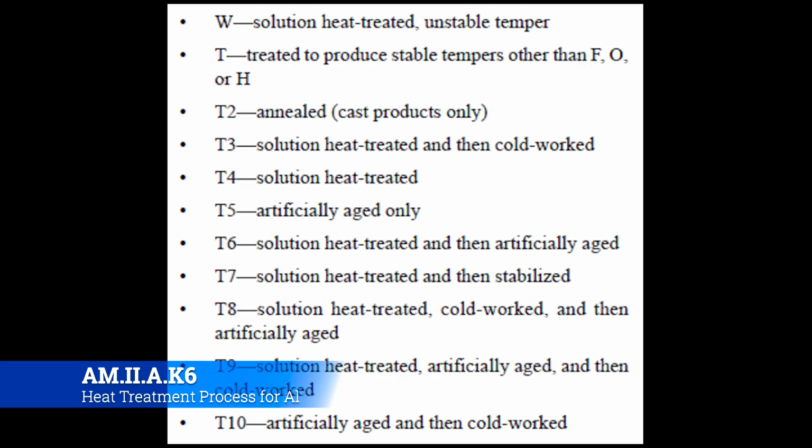All right, the most widely used alloys in aircraft construction are hardened by heat treatment rather than cold work. These alloys are designated by somewhat different sets of symbols. T4 through W indicate solution heat treated and quenched, but not aged. And the T6 indicates the alloy in the heat treated hardened condition. And all of the different W to T10 numbers will tell you a little bit about what that hardening process looked like for that particular piece of metal.